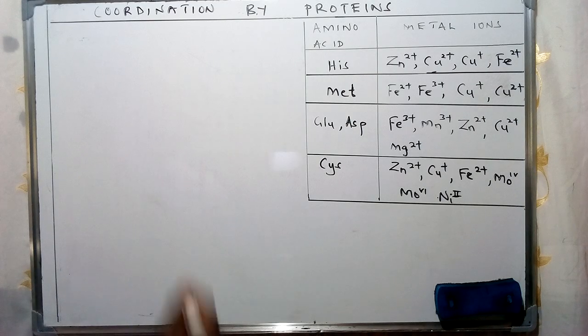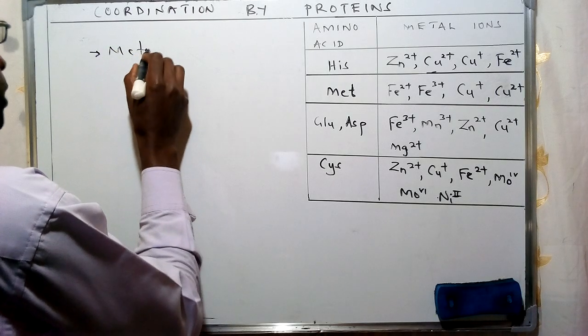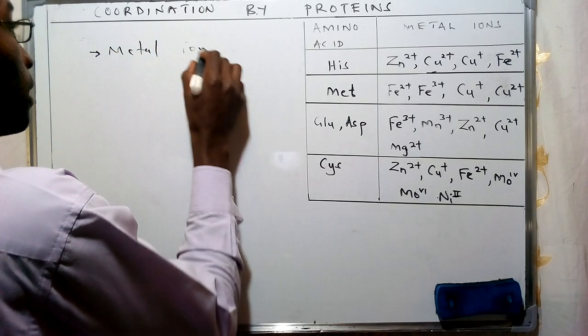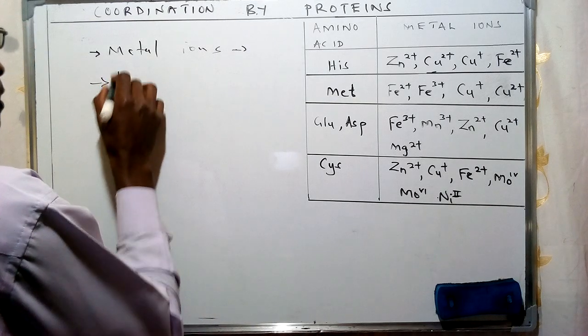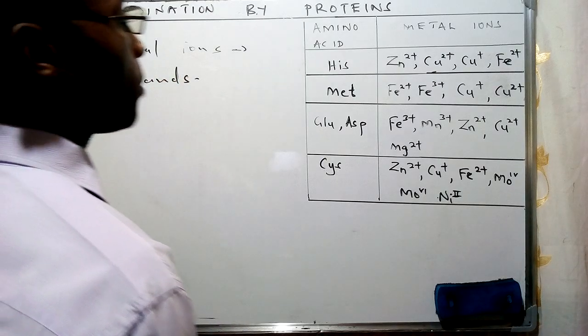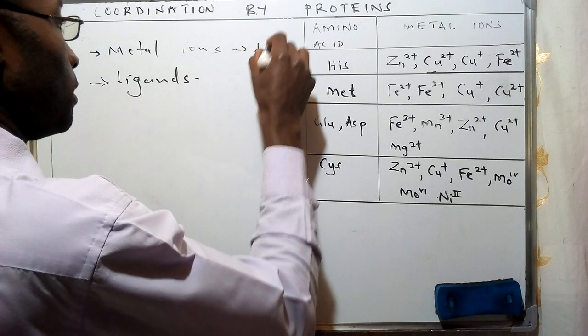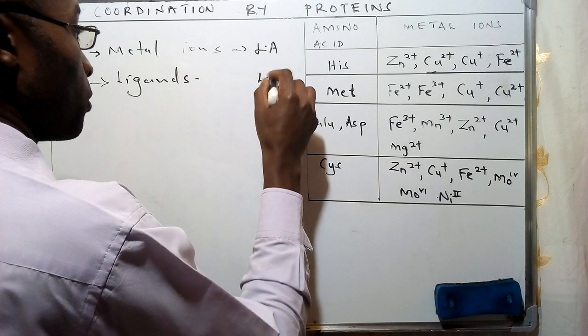From our last discussion, we decided that metal ions are going to be combining with what we refer to as complexing agents, and we said these specific complexing agents are referred to as ligands. We had introduced the concept of a Lewis acid and a Lewis base in these two sets of compounds, or ions and compounds.